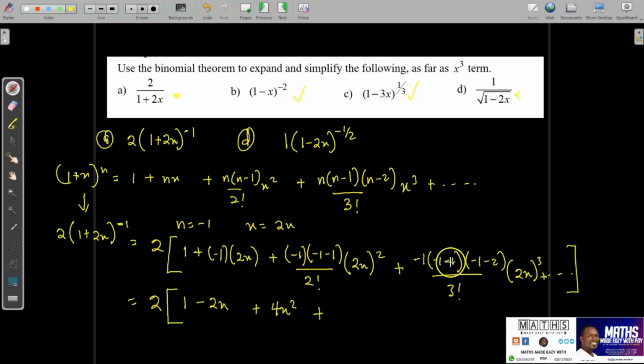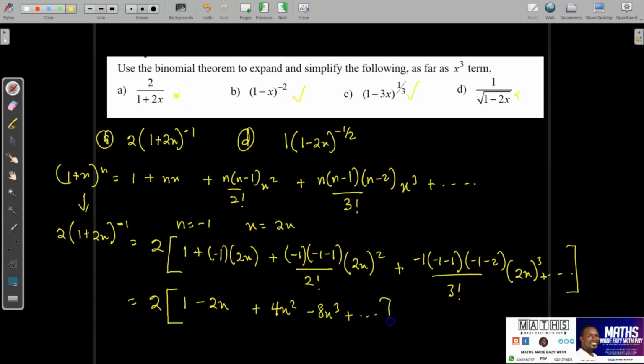So -6 divided by 6 will give us a final answer of what? -1. And 2x cubed is the same as what value? 8x cubed. So in other words, we are going to get -8x cubed.